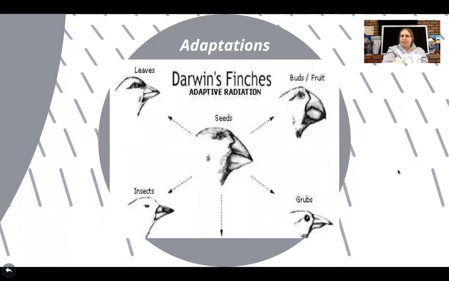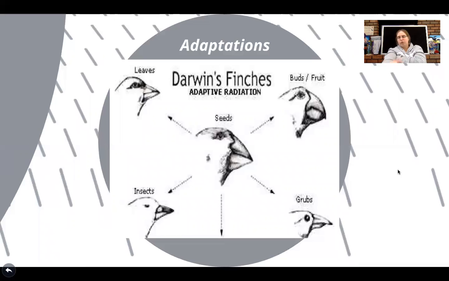Same with the idea of finches. So when the islands kind of broke apart, there's likely an ancestral finch species that was on the islands already. But then over time, as they broke apart and there were slight differences in the ecosystems on each of the islands, then we saw different food sources available.